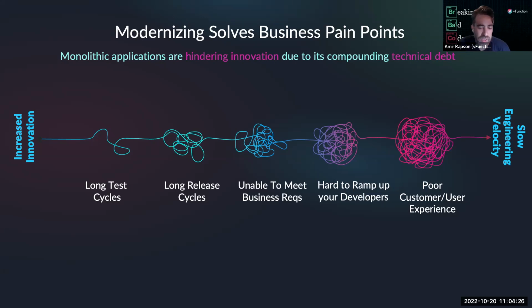So developer morale and developer satisfaction, developer experience is also very important, and also stems from technical debt. Everything I just described also leads to poor customer and user experience, because again, you can't really innovate, you can't take advantage of the new technologies, and your customers are not getting what they want at the end of the day.